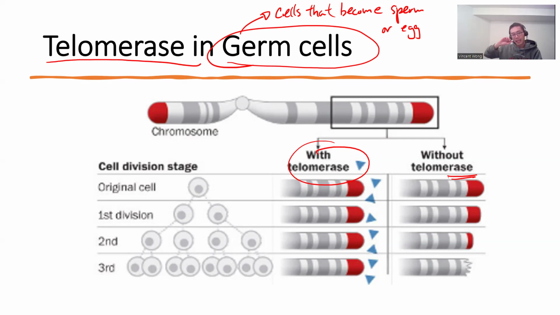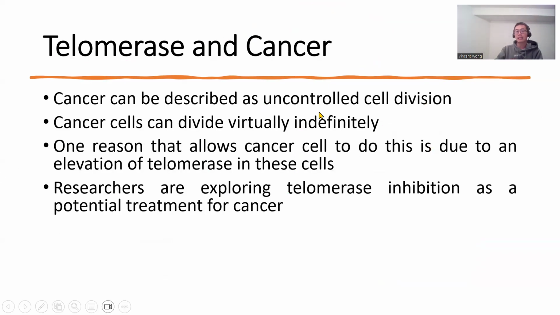So if your body accidentally turns on telomerase in a cell that is not supposed to turn it on, that actually creates a condition that would help lead to cancer. Okay? So what is cancer? Cancer essentially is uncontrolled cell division. The cell keeps on dividing and dividing and dividing, and there's no way to stop it.